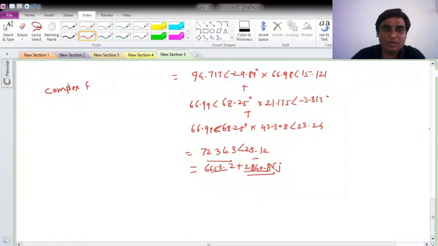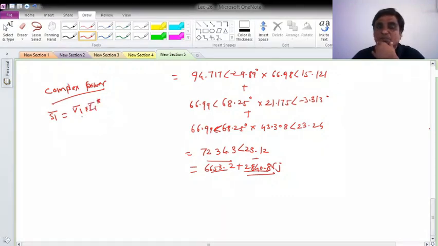You can calculate the complex power for each impedance. So for example S1 bar, you can write V1 bar into I1 bar, its complex conjugate. Let me solve for one, which was for impedance Z1 bar. So S1 bar will be V1 bar, which is 94.717 with angle minus 29.89, into I1 bar's complex conjugate.